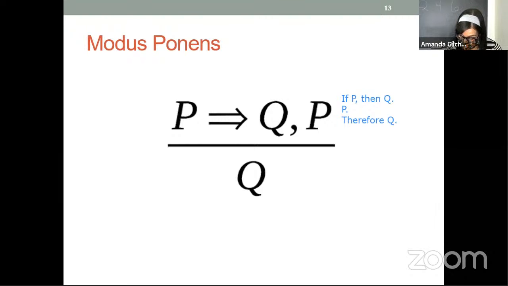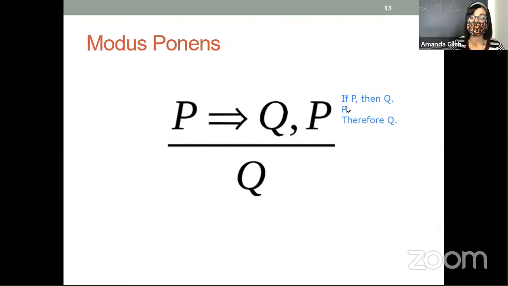If it rained, then the road must be wet. You can fill in P with anything. I'm going to pick if it rained. That's my P. My Q is the road must be wet. So if it rained, then the road must be wet. It rained, therefore the road must be wet.